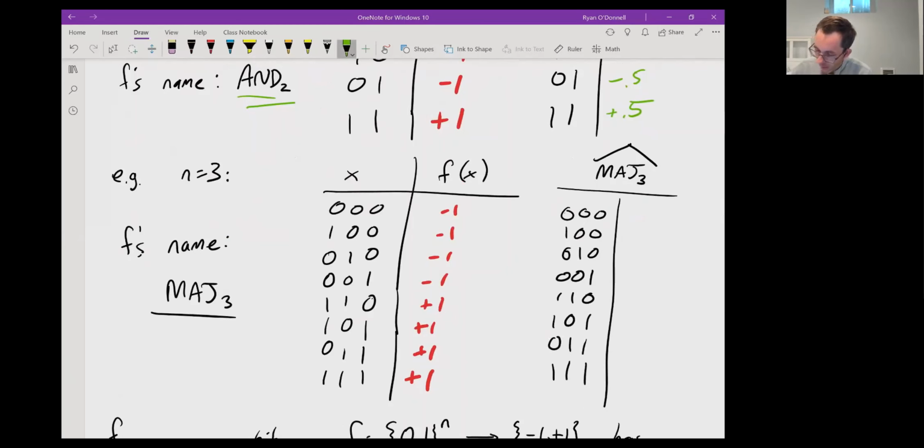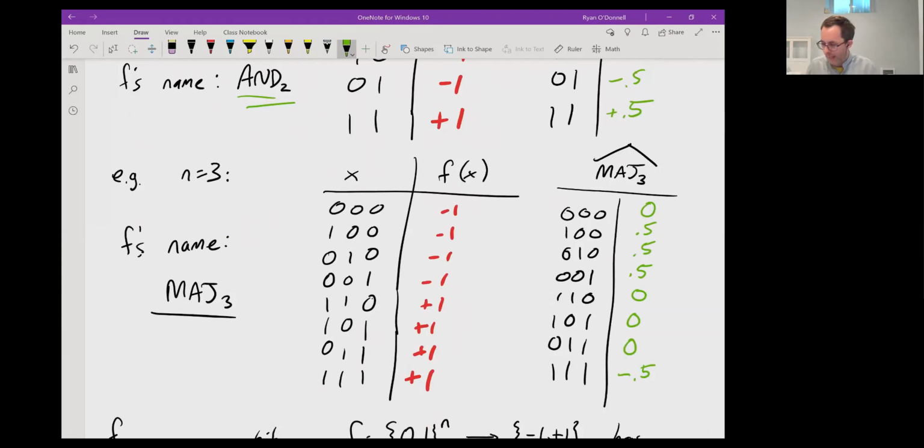Okay, so here are the 8 numbers that are the alternate representation for this majority of 3 function. So it's 0, 0.5, 0.5, 0.5, 0.5, 0, 0, 0, and negative 0.5. Okay, so those are the numbers for the majority function.